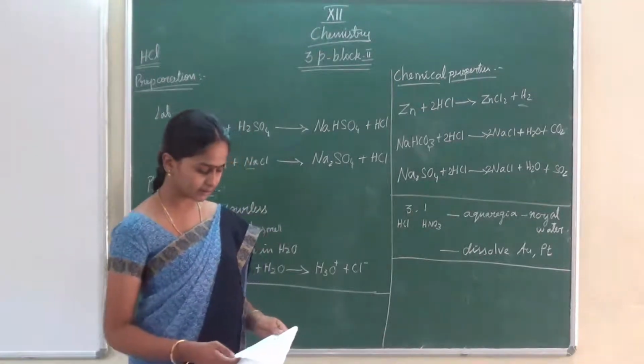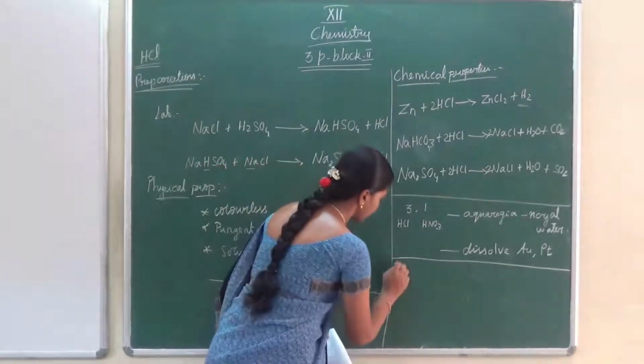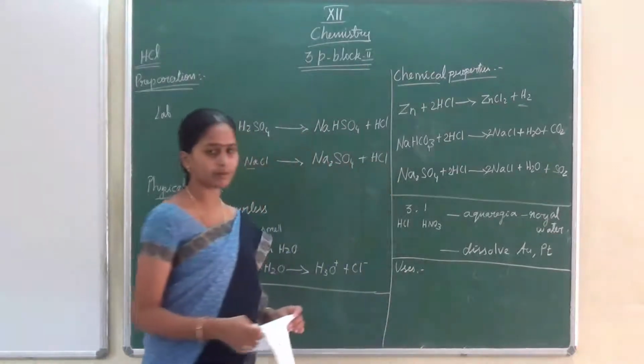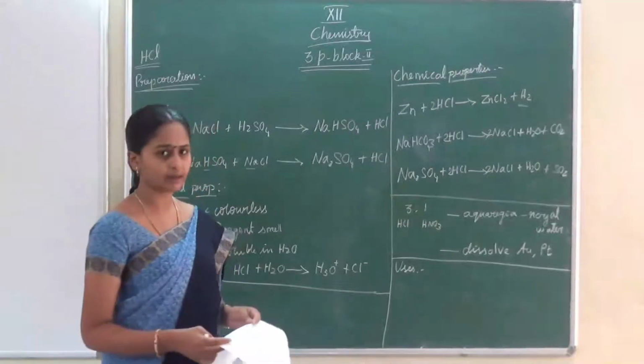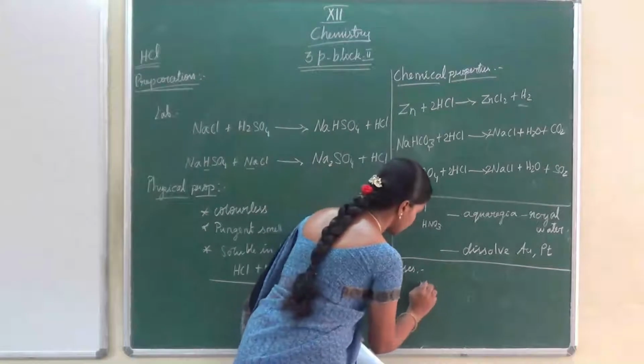Okay. The next one here, uses of hydrochloric acid. Hydrochloric acid is used to prepare chlorine, and we can prepare ammonium chloride, and we can extract glucose from cornstarch.